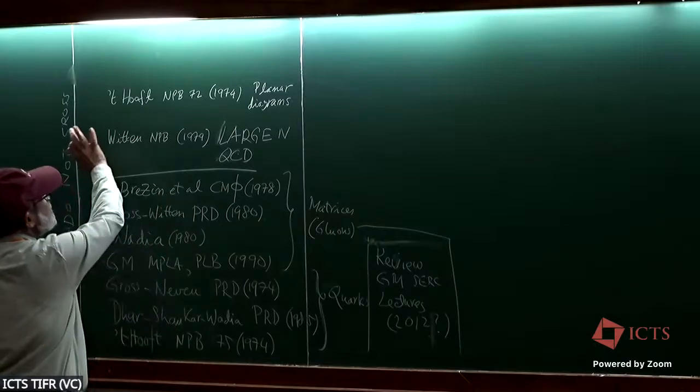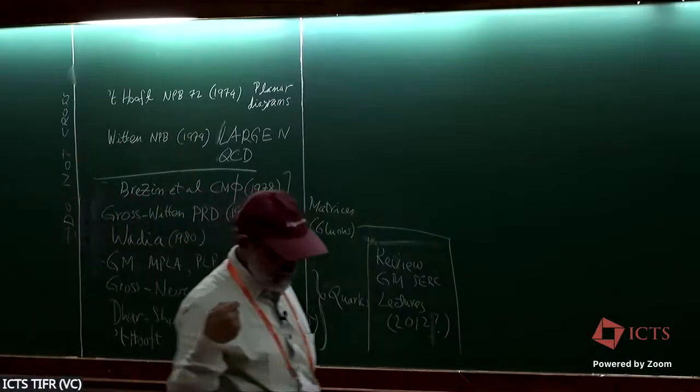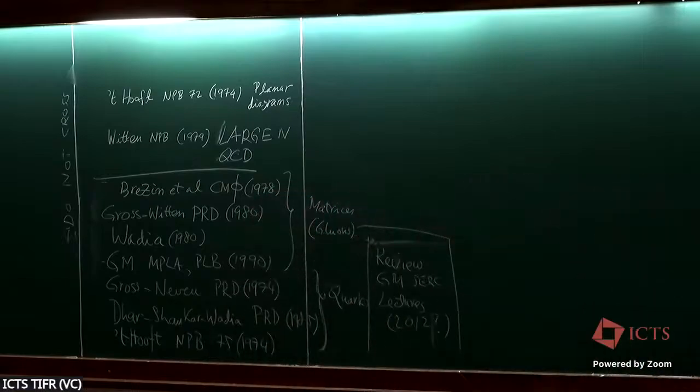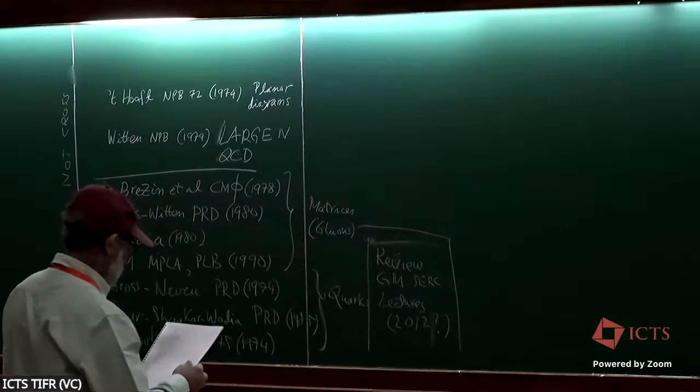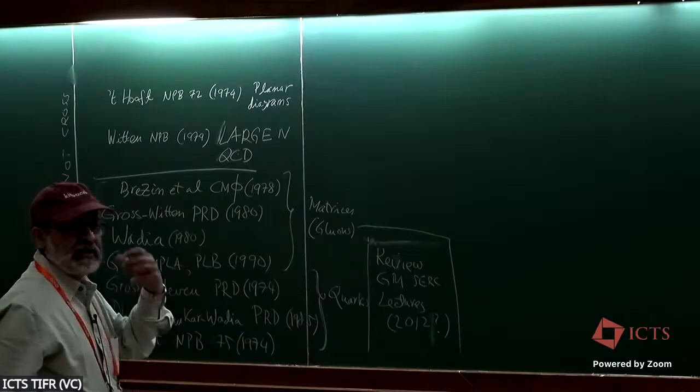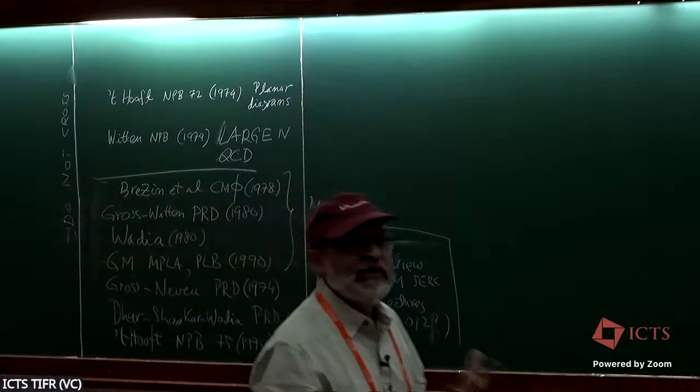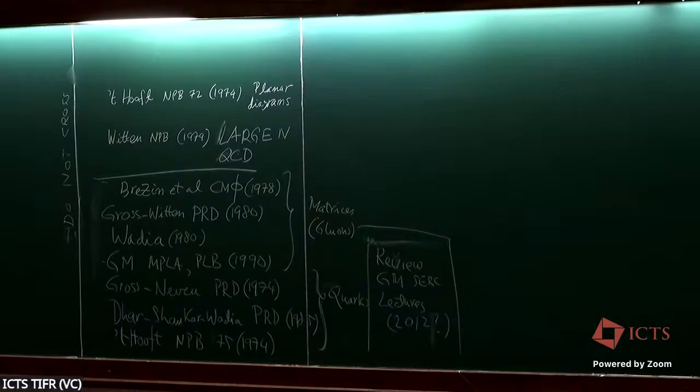So this was the proposal, that at large N there is some simplification that happens for QCD, which was not available otherwise, because, as I'm going to say soon, there is no free perturbative parameter in massless QCD. So 't Hooft invented a rather subtle hidden parameter which nobody had thought of before: why not generalize SU(3) to SU(N), in fact most of the time I'll be talking about U(N).